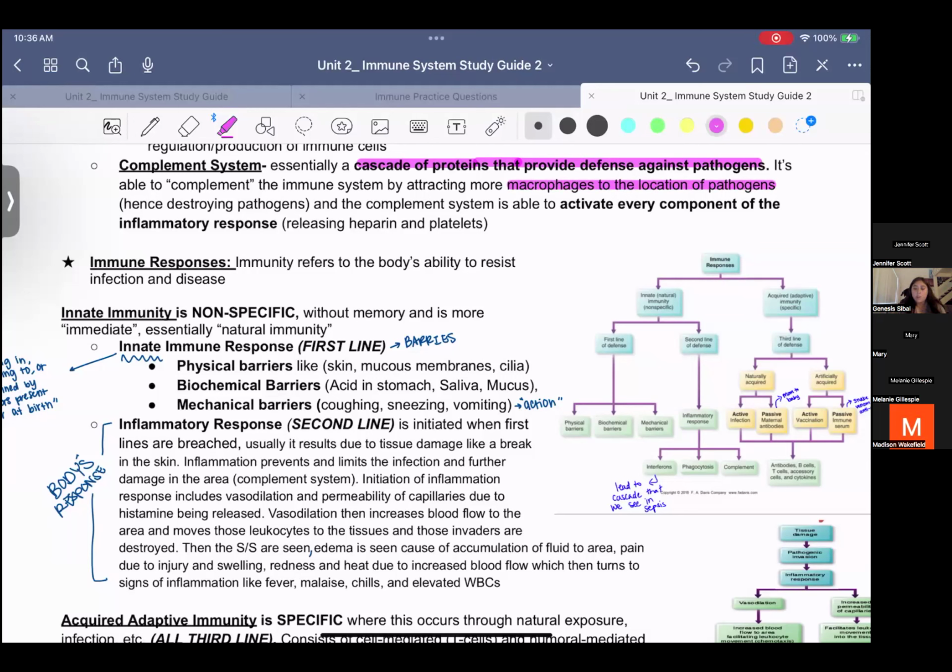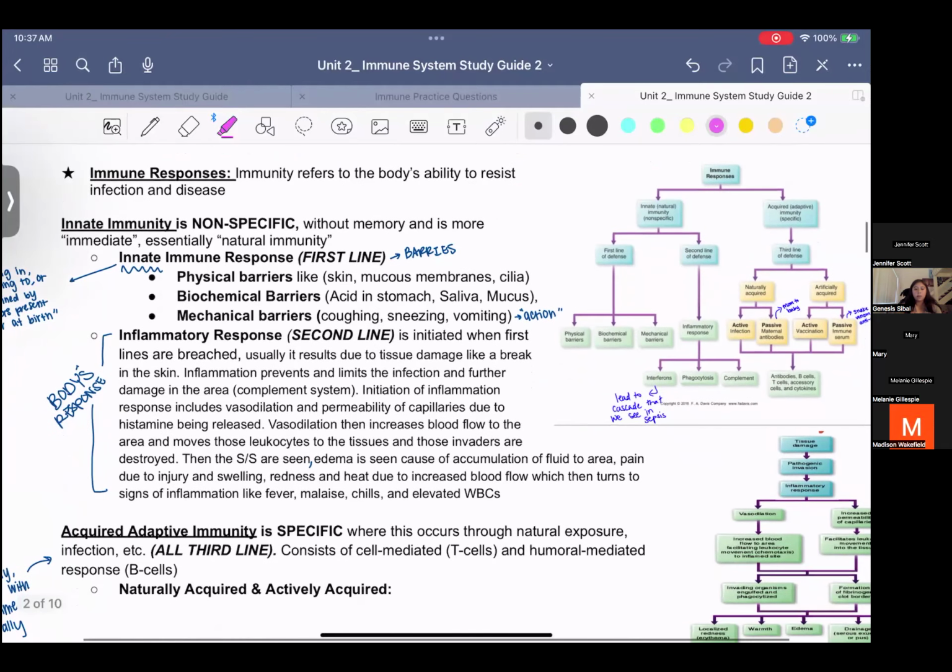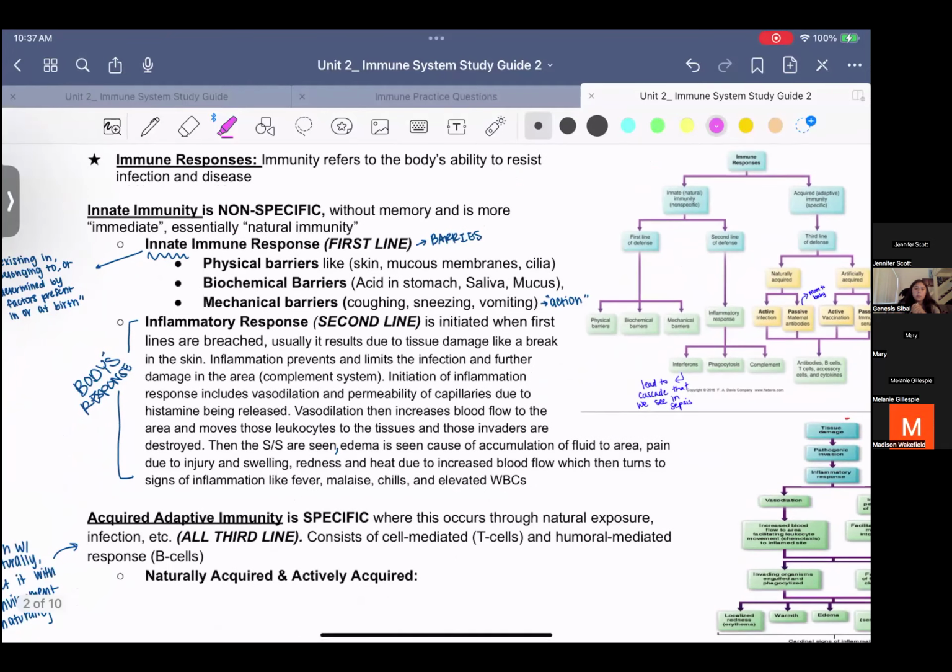And it's also able to activate every component of the inflammatory response, which includes heparin and platelets, which we'll talk about in a second. But the complement system, a cascade of proteins, involves macrophages and the inflammatory response. That's what I would remember for that. And we'll talk about that in a second. So if things seem confusing, I think it'll tie together once we talk about sepsis.